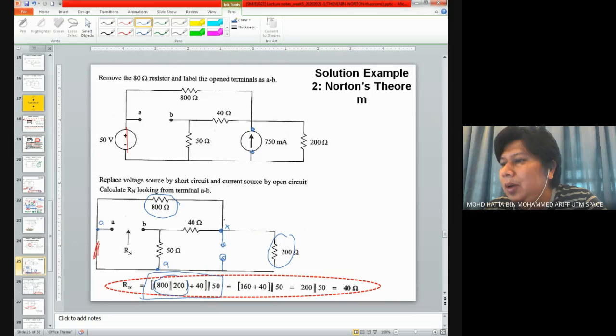And how about the others? Okay, the others I will let you guys determine by yourself. We finish with RN. You also already know what is the value of RN.